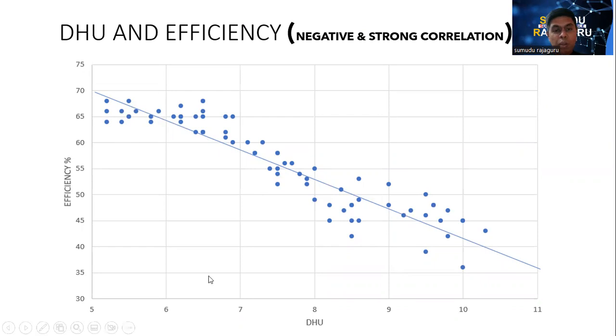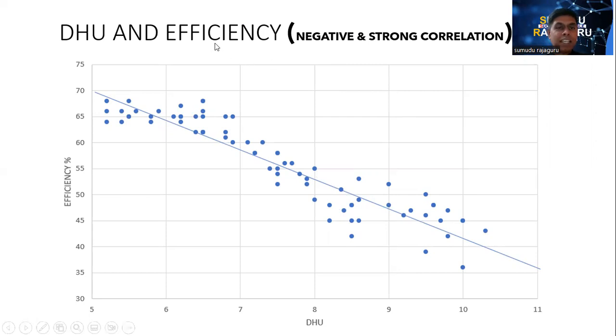That means when the damage percentage increases, efficiency is going to be reduced. The other way, when the damage percentage reduces, efficiency is going to be increased. So this is negative, and the data lies very closely around the best fit line. It is a very strong correlation.